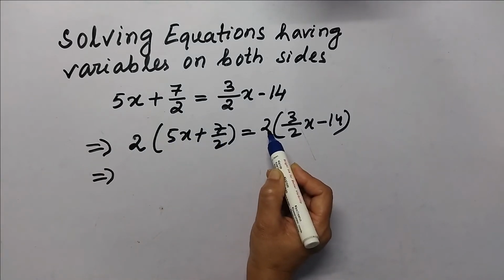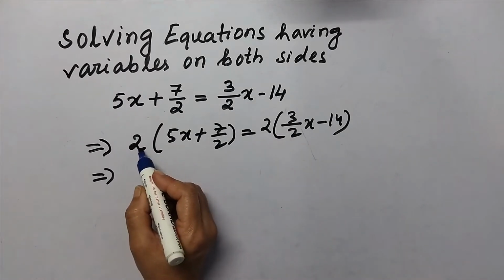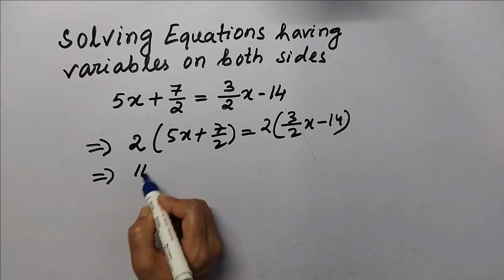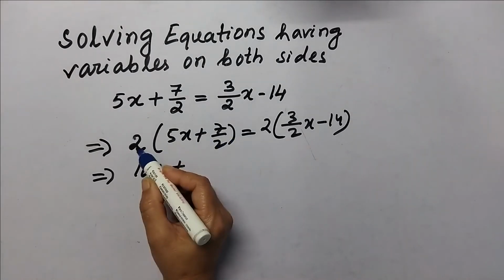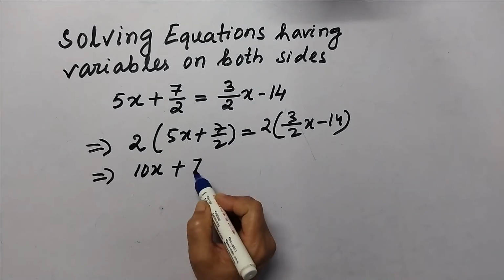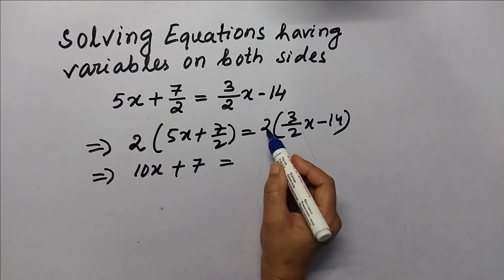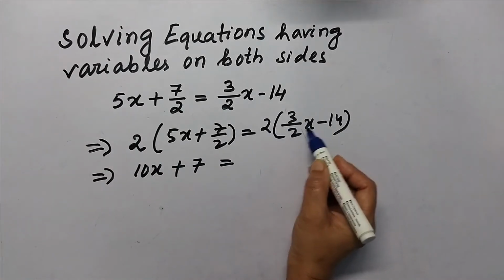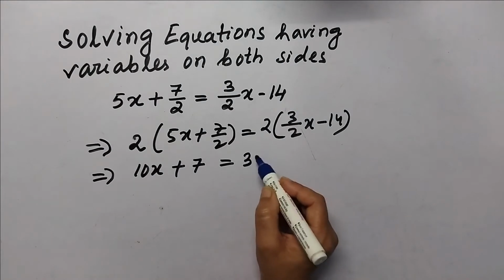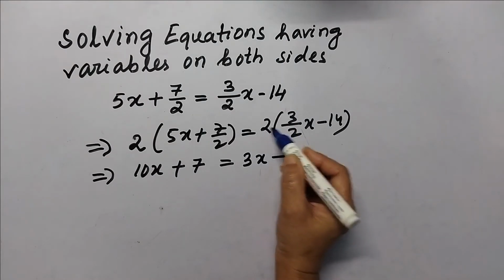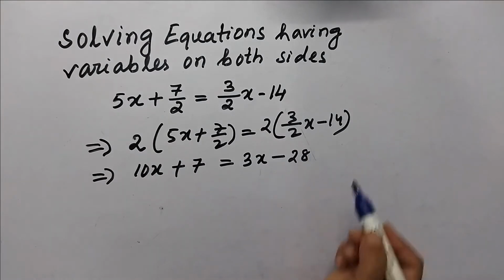Here also this 2 is multiplied with both terms inside the bracket. 2 and 5x give 10x, plus 2 times 7 by 2 is simply 7, because the 2s reduce. Then 2 times 3 by 2 x gives 3x, minus 2 times 14, which is 28.